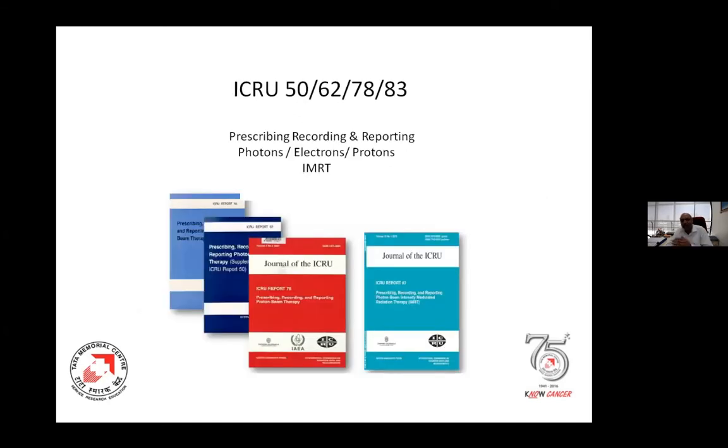And subsequently, in 50, 62, 78, and 83, which is the recent one, they started making the whole thing roll, that what we are prescribing, we need to record, we need to report. They did it for photons, electrons, protons also, and even for delivery techniques like IMRT.